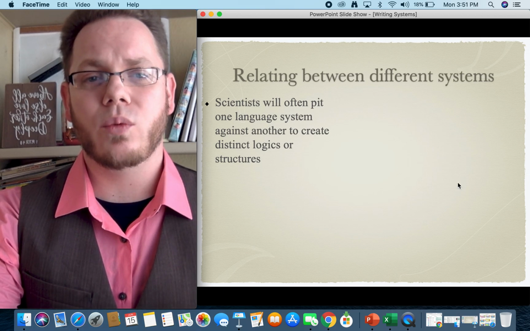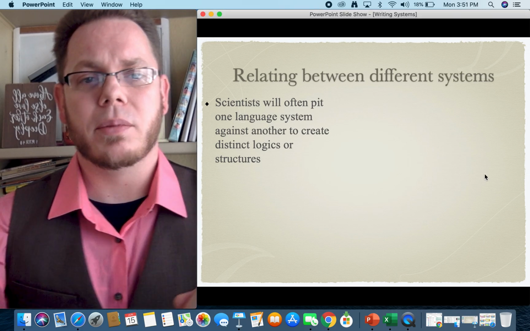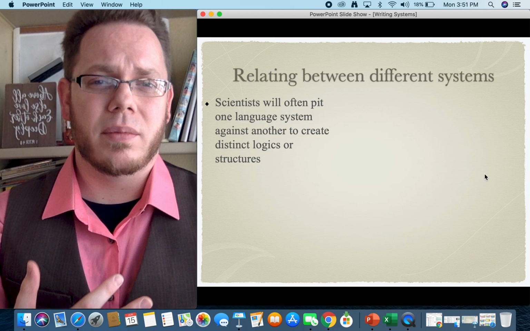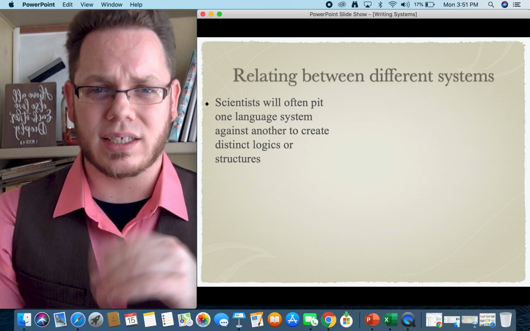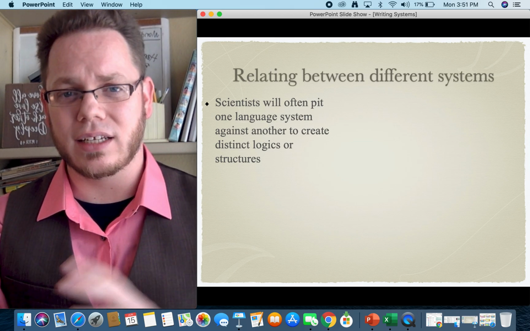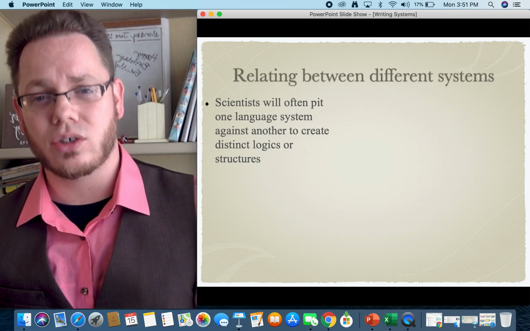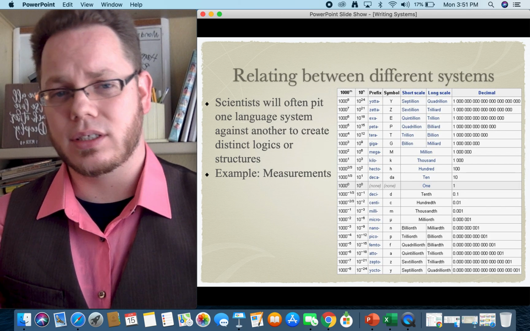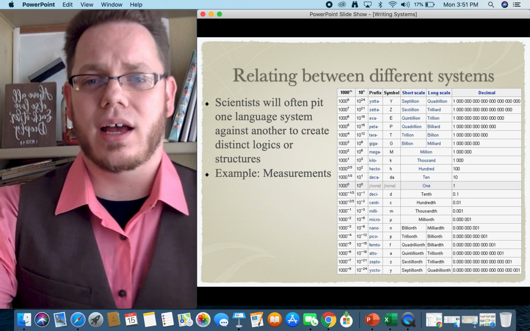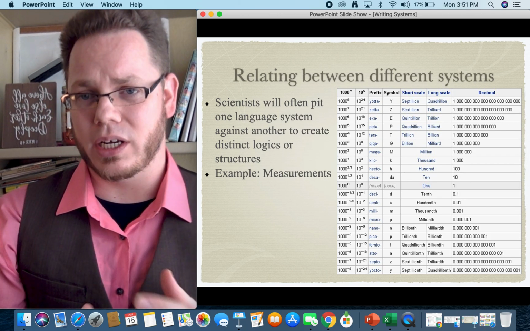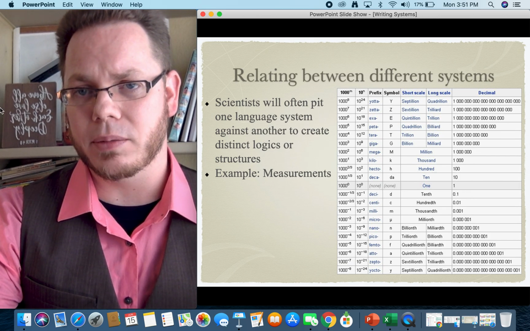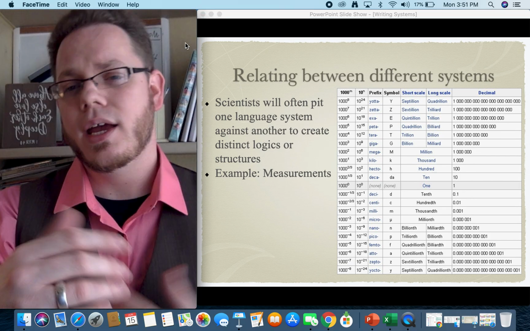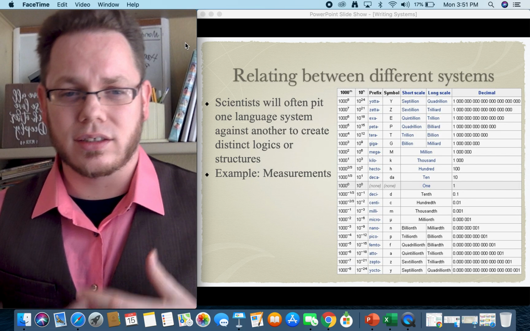So when we are relating between different systems, we can see scientists often pit one language system against another to create distinct logics or structures. One form of that is in the metric system. There's a history to these documents, to these systems of writing. As a writing scholar, I geek out about it.